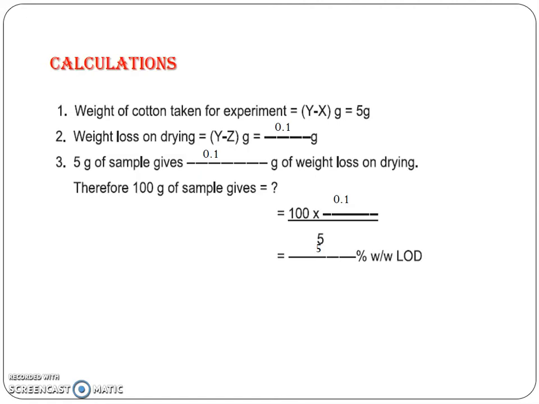Then the weight of loss on drying, that is Y minus Z, is 0.1 gram, so 5 gram of sample gives 0.1 gram of weight loss on drying. Therefore 100 gram of sample will give you 100 into 0.1 upon 5. So we got the percent weight by weight LOD.